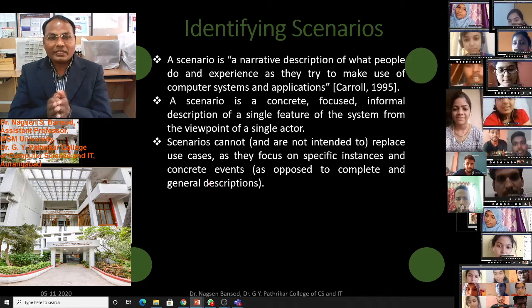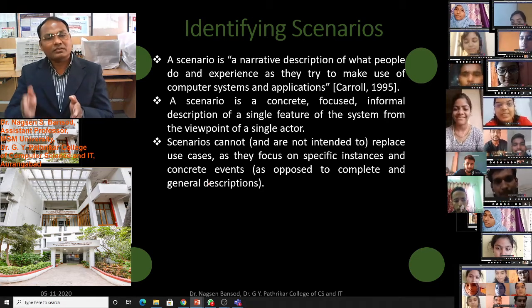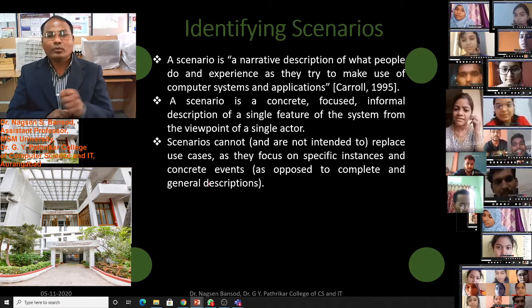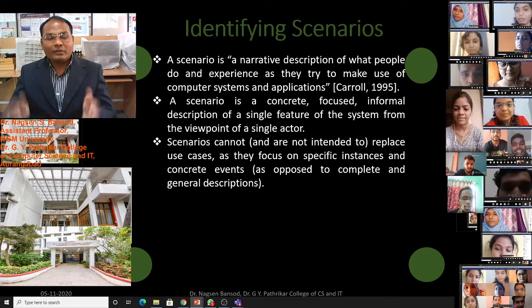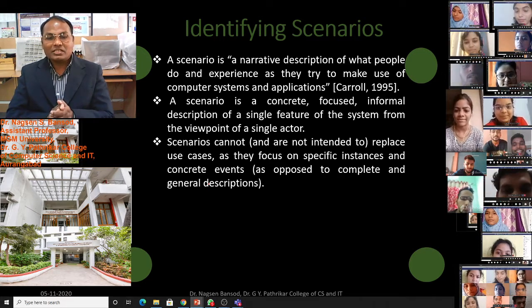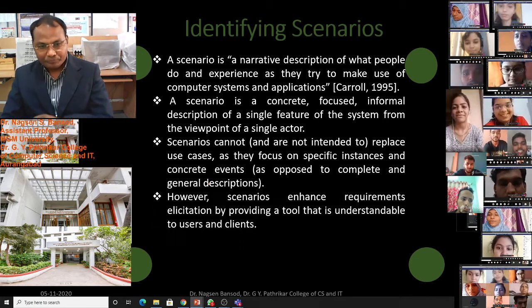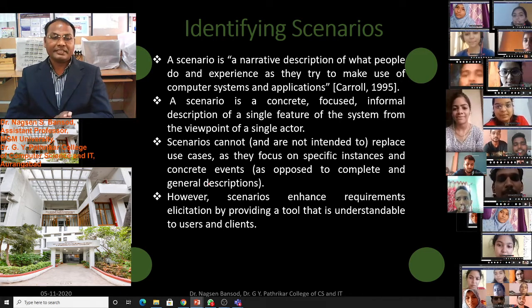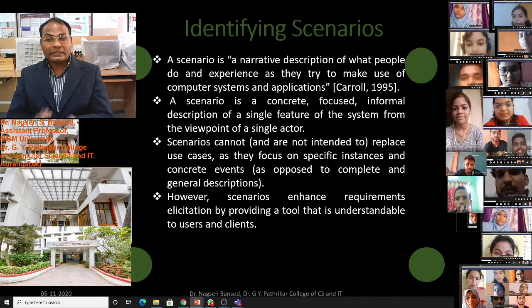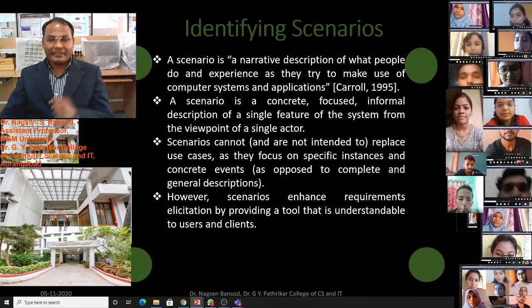Scenario is a different term, and use cases are somewhat different, as scenarios focus on specific instances and concrete events as opposed to a complete and general description. However, scenarios enhance requirement elicitation by providing a tool that is understandable to the user and client.